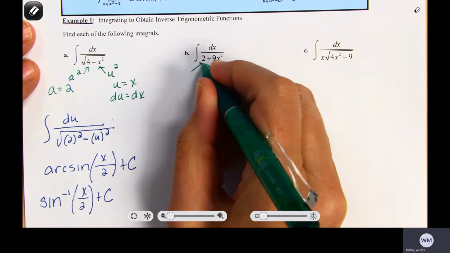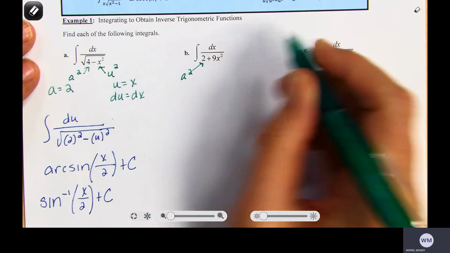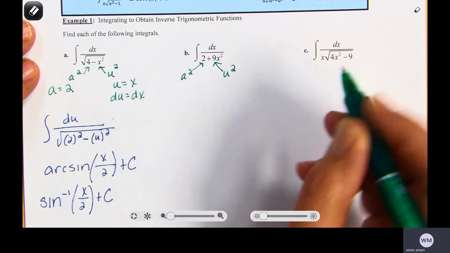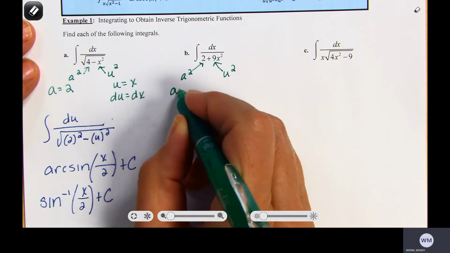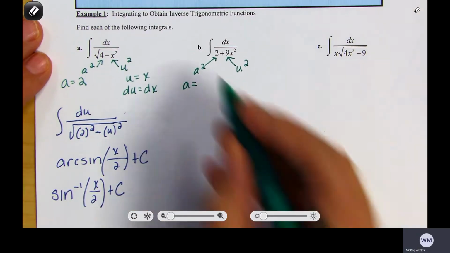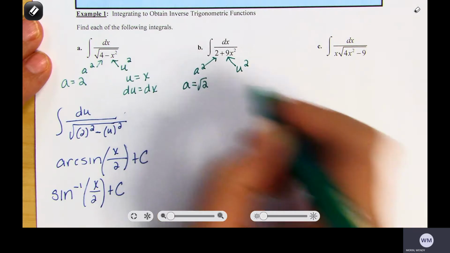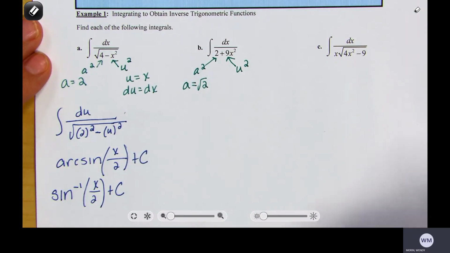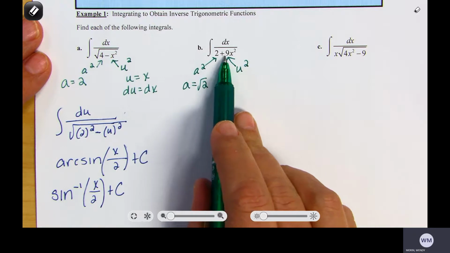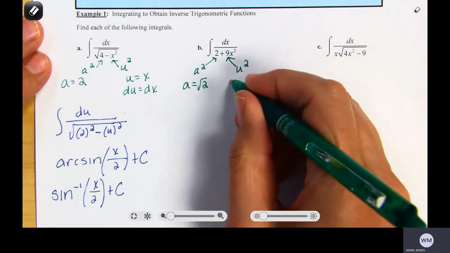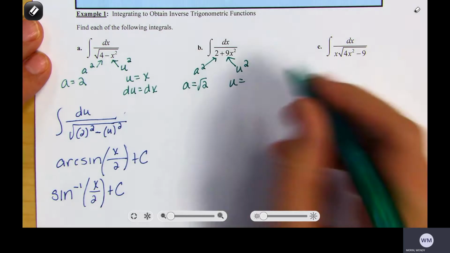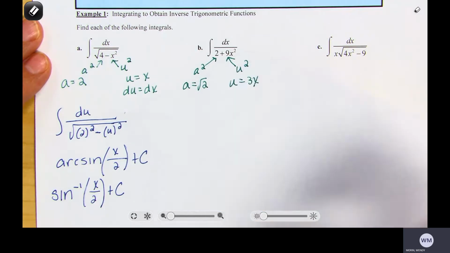So this is our a squared, and this is our u squared. So what's your a? The square root of 2, correct? And how about this one? If u squared equals 9x squared, what is u? Hopefully you said 3x.